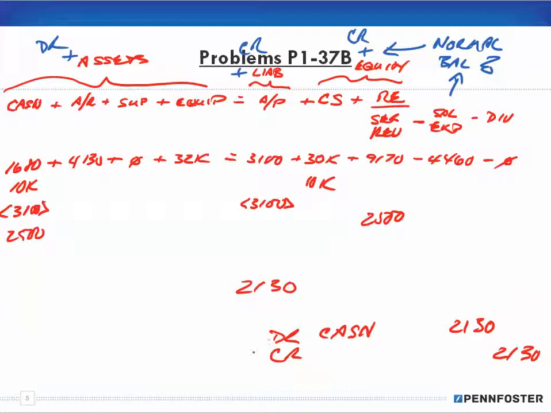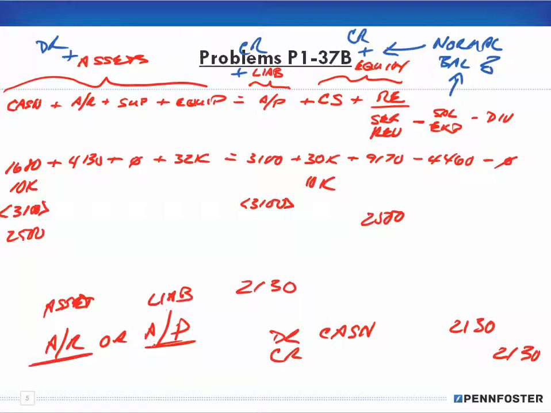Well, it's saying I'm collecting cash on account. On account is the term we use for our accounts receivable or our accounts payable. Accounts receivable is an asset, because people owe us money, and accounts payable is a liability because that's when we owe other people. But using the words on account applies equally to either.